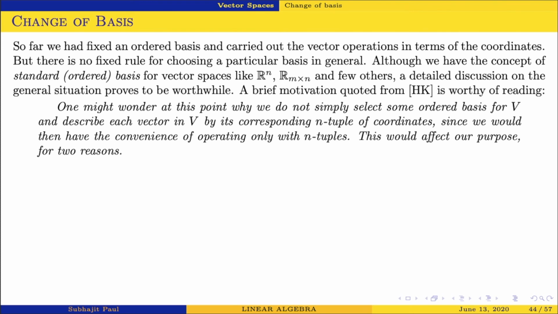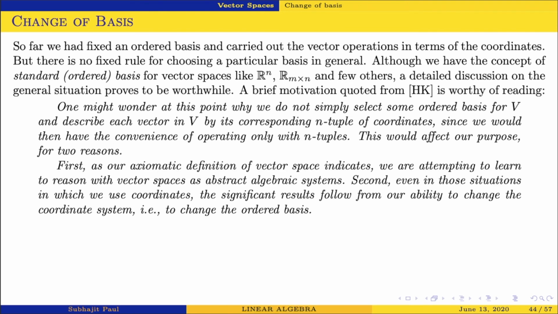First, as our axiomatic definition of vector space indicates, we are attempting to learn to reason with vector spaces as abstract algebraic systems. Second, even in those situations in which we use coordinates, the significant results follow from our ability to change the coordinate system, that is, to change the ordered basis.